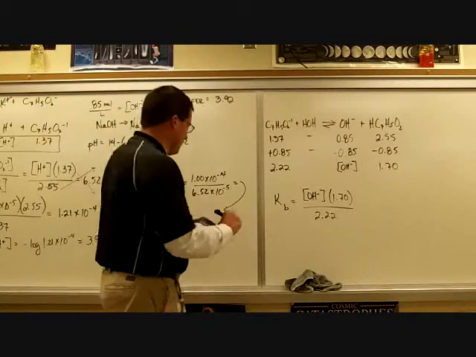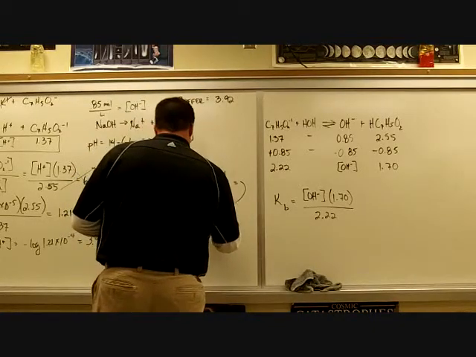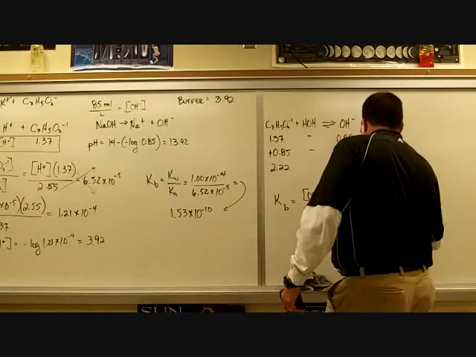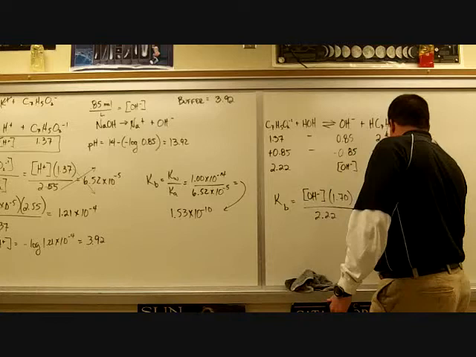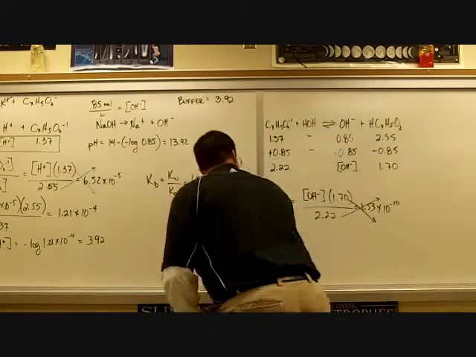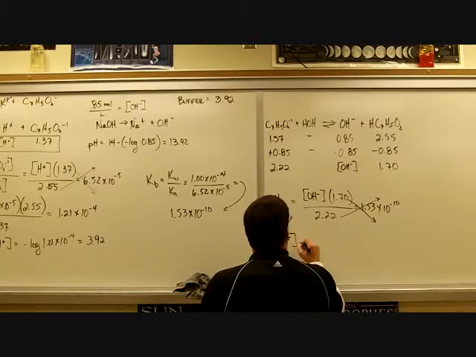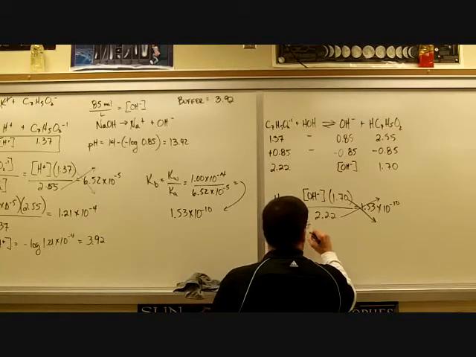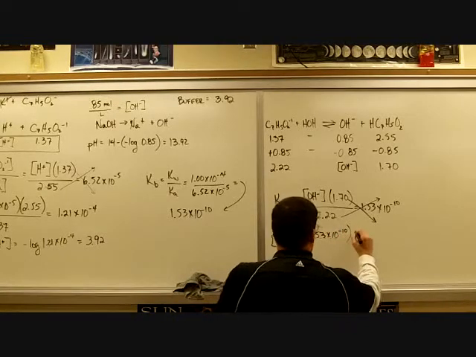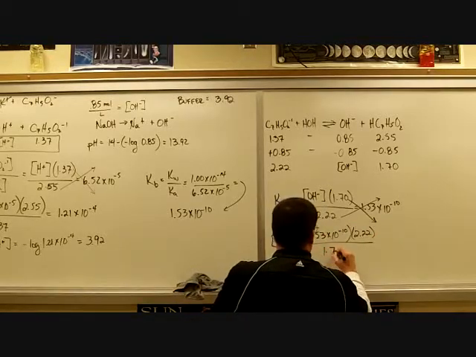So 1.53 times 10 to the negative 10. Okay. So multiply that, divide by that to get our hydroxide. So 1.53 over 1.70.